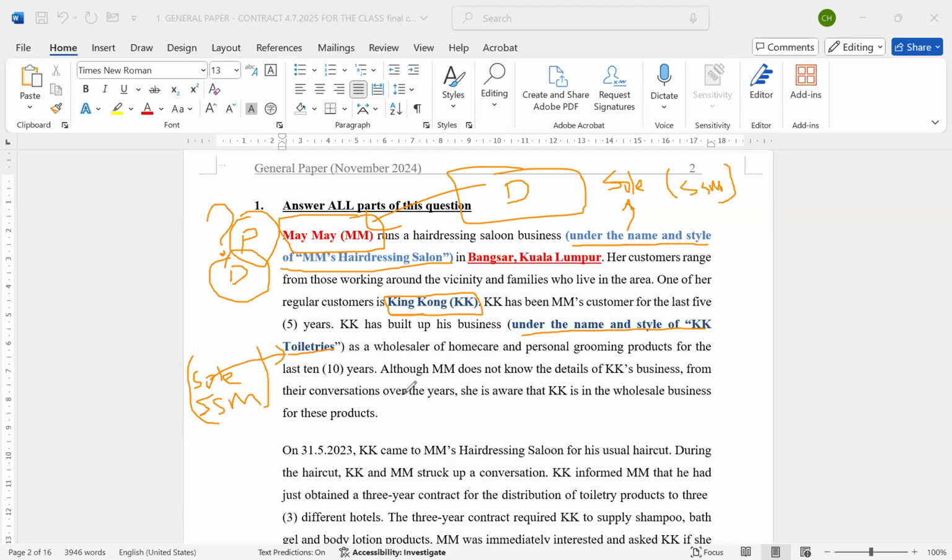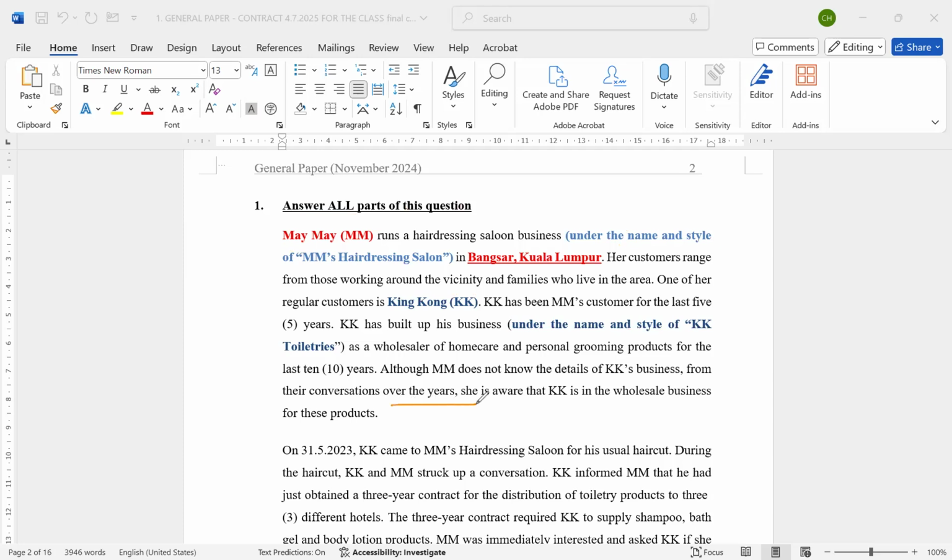Okay, after you get the name of the parties, you must get to know their relationship. So what is their relationship? Okay, the relationship is as such. They know each other for about 5 years. Okay, in which KK is the regular customer of MM. Okay, because KK has been cutting his hair under MM for 5 years.